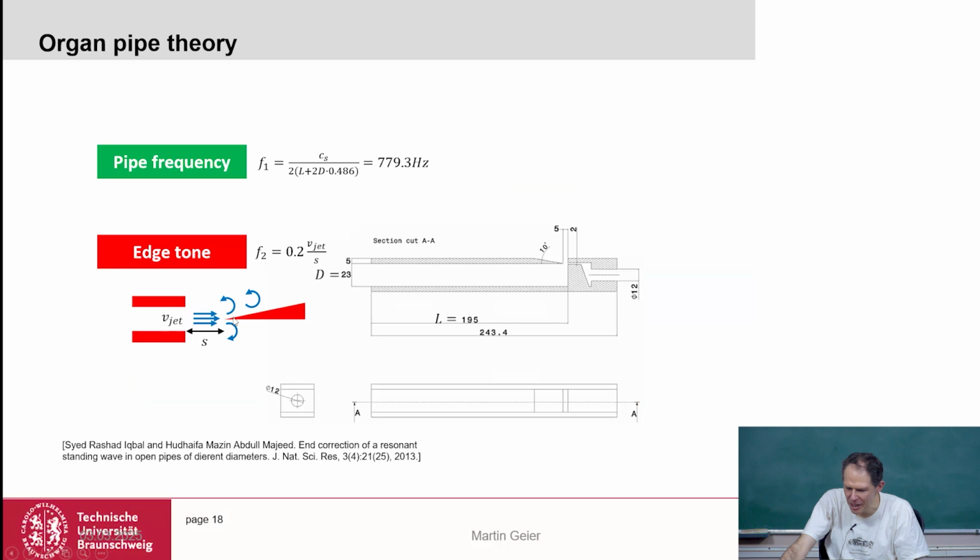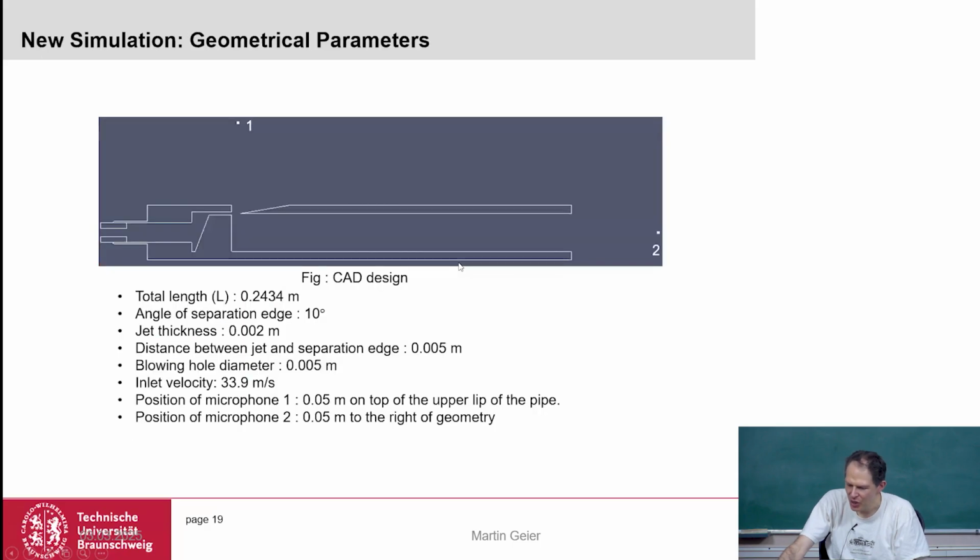The way it works is that they generate a jet. The jet is hitting this edge, and this edge produces an edge tone, and the edge tone must be matched with the resonance tone of the open body, and then you get a sound, and this you can simulate.